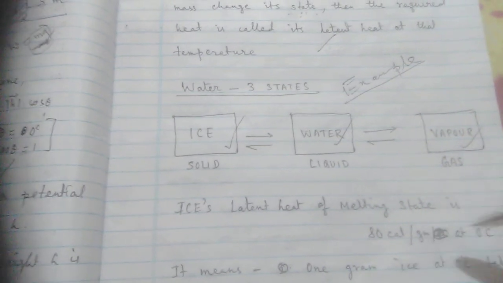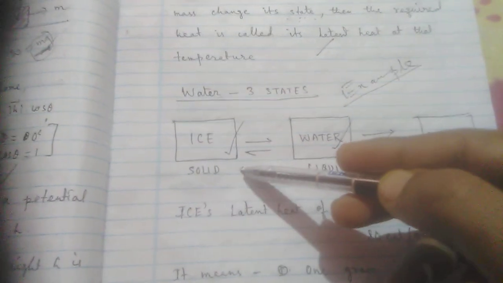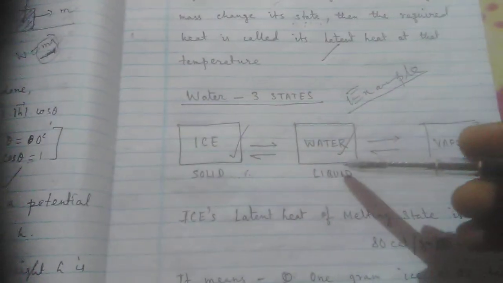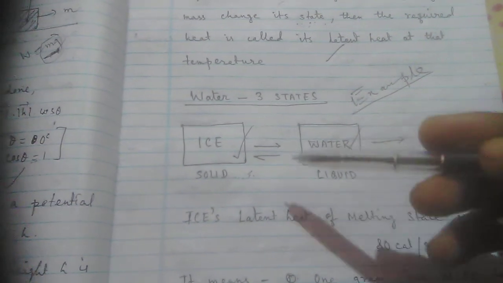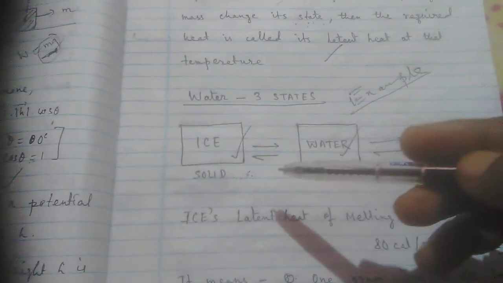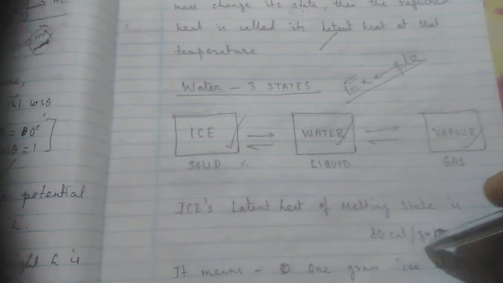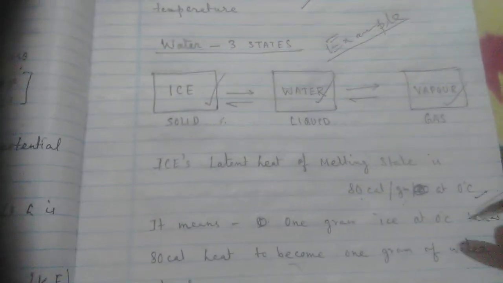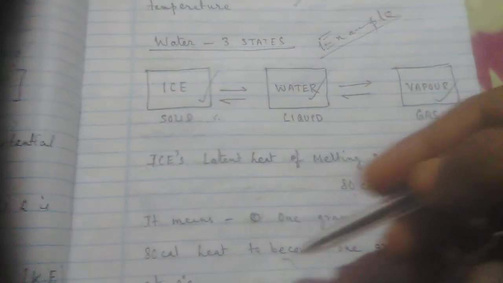The latent heat of melting for ice is 80 calorie per gram at 0 degree centigrade. We know that ice melts at 0 degree centigrade, and when ice melts to become water the temperature is the same, but it needs latent heat, which is 80 calorie per gram. If you have 10 gram of ice, then you need 800 calorie. So 1 gram of ice at 0 degree centigrade takes 80 calorie of heat to become 1 gram of water at 0 degree centigrade.